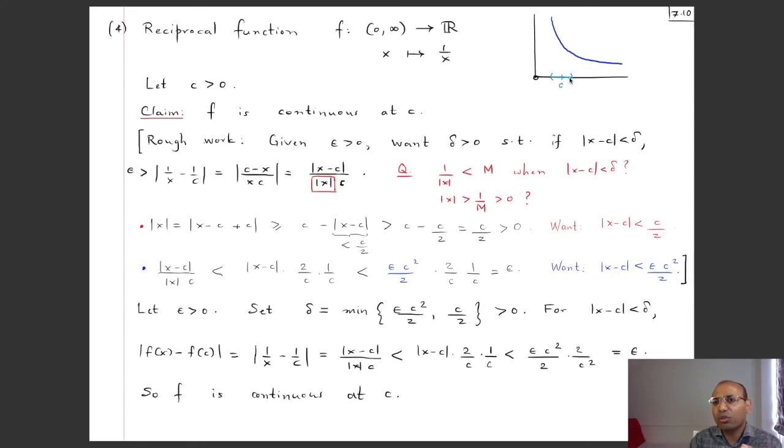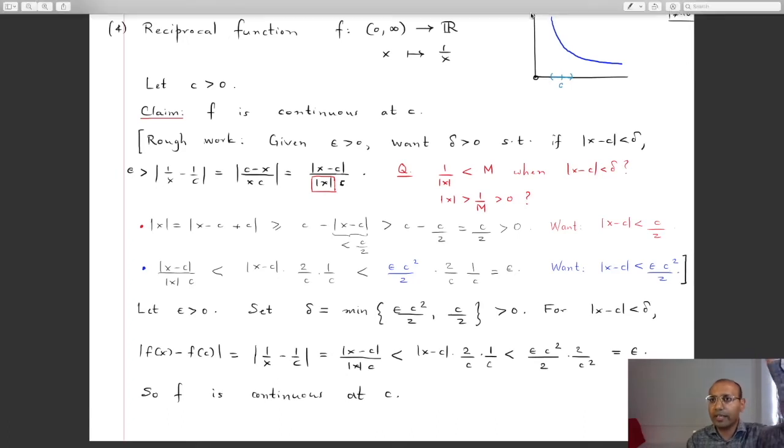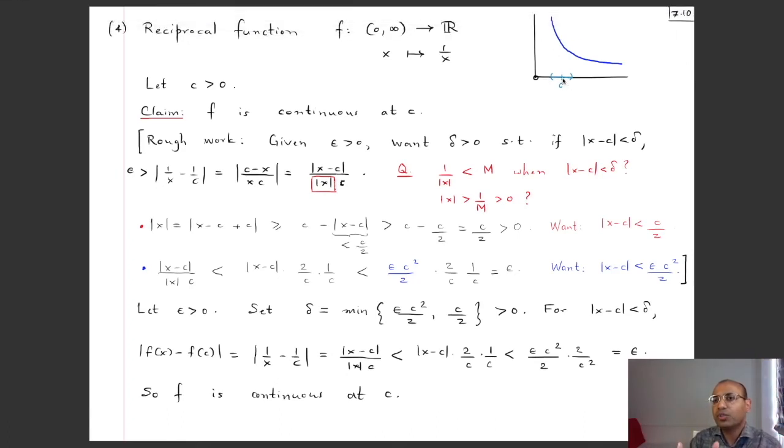Now, of course, I know that if I get very, very close to 0, then I'm getting unbounded. But if I choose my C as some positive number, it has some distance to 0. And if I choose, say, half of the distance, and I'm confined over here, so x just lies within a distance of C by 2 from C, then the corresponding 1 by x's just lie in this portion, and it doesn't go beyond this value.